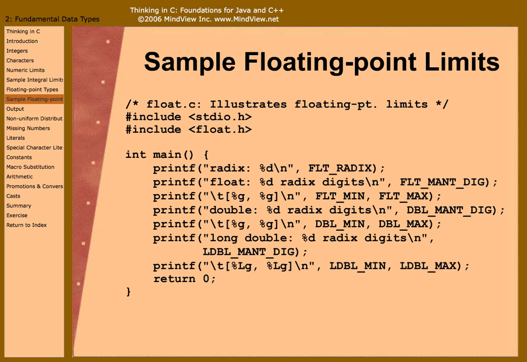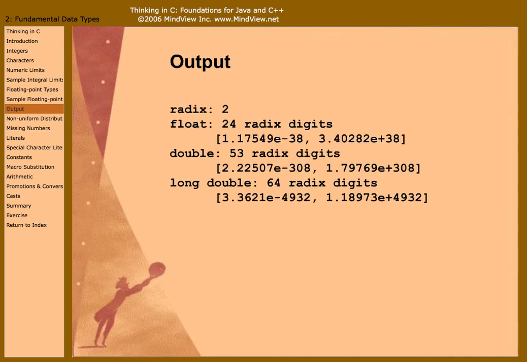So I'm printing out the radix and also the ranges for the numbers that you can get with the three different floating point types. Here's the output from the program in the previous slide. You can see that on the system I'm using, the base for the floating point system is 2. And so that means that for float, I have 24 binary digits, or 24 bits, in the mantissa for my number.